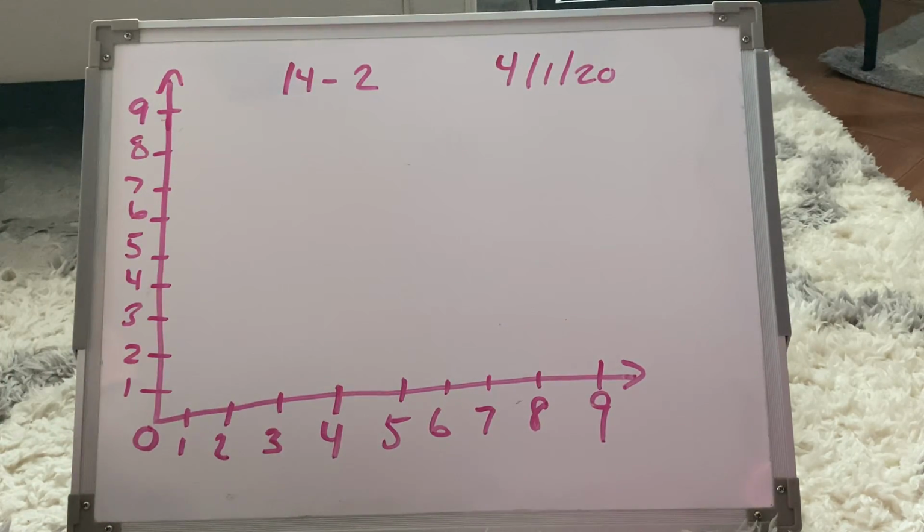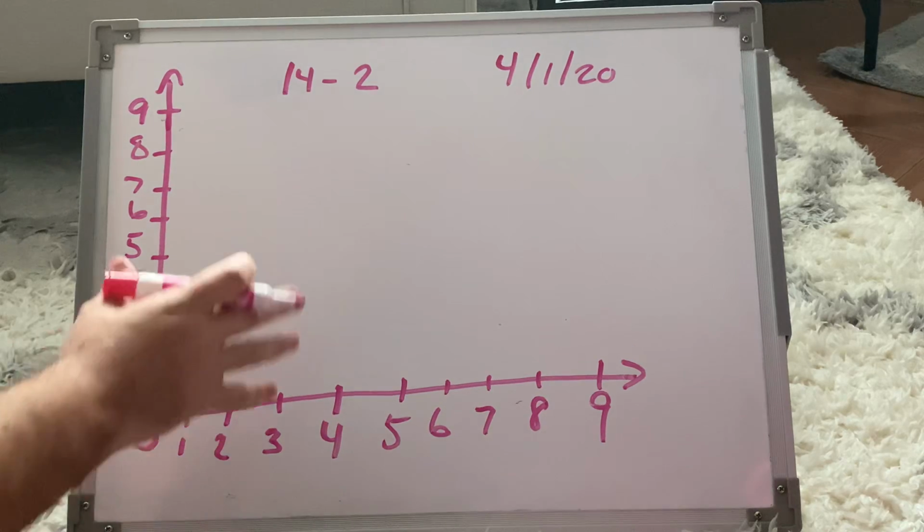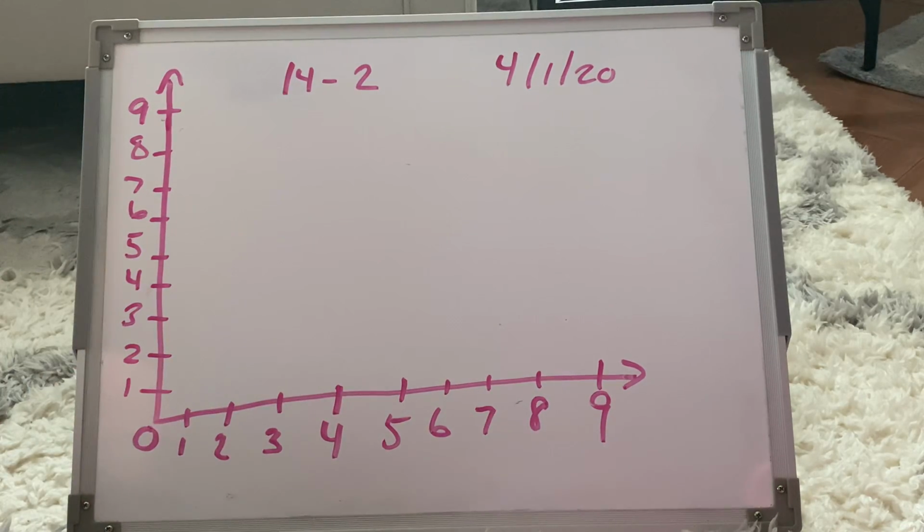So now I'm gonna put some points, some plots on our grid here, and then you're gonna have to tell me what the ordered pair is. So let's just do a couple here.